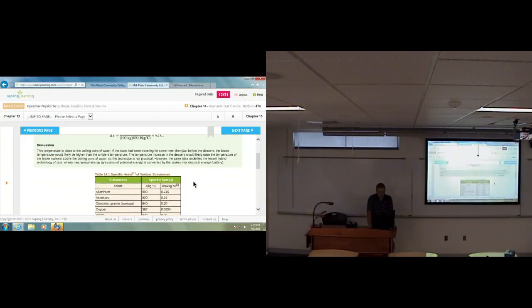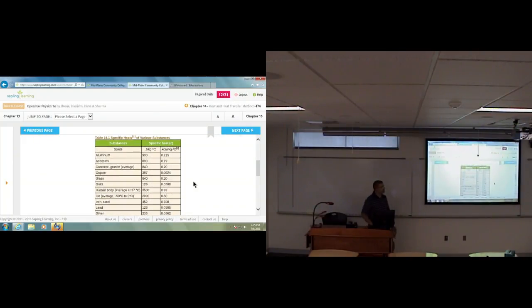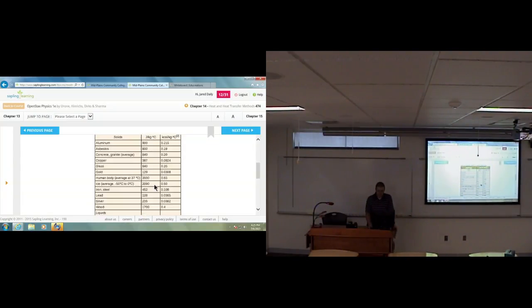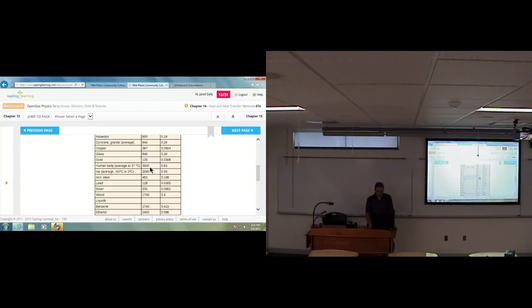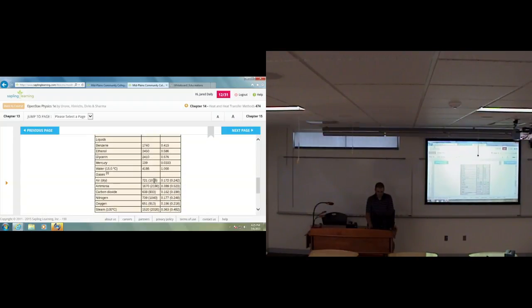Anyway, here's a bunch of specific heats for different materials. They have the specific heats in two sets of units, one in joules per kilogram degree Celsius and one in kilocalories per kilogram degree Celsius. And you can see different things that have different specific heats. Water, like we said before, is, where is water? Okay.